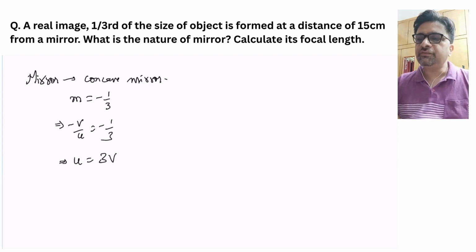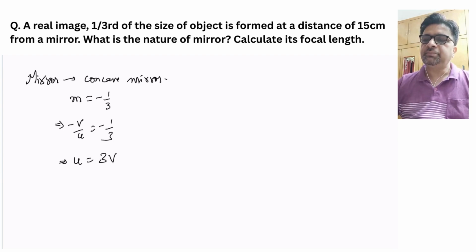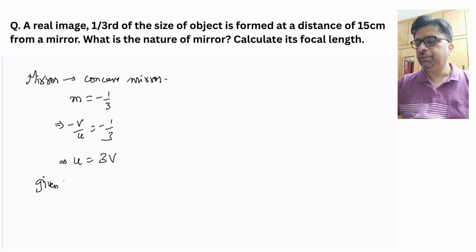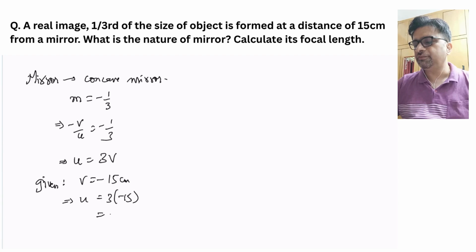Now it's also given that the image is formed at a distance of 15 centimeters from the mirror. Now this being a real image, the image will form in front of the mirror, and therefore by sign convention v will be minus 15 centimeter, and that makes it u is equal to 3 into minus 15, which is equal to minus 45 centimeters.